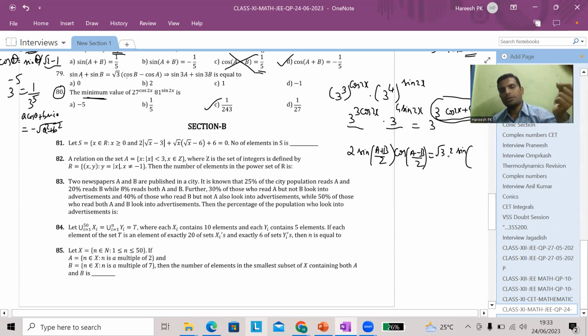But that minus 2, I'll pull that minus inside the sine function. And instead of writing B minus A, I will write A minus B. So it will be sine A plus B by 2 into sine A minus B by 2.